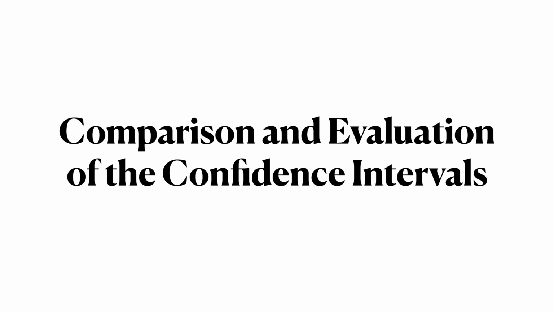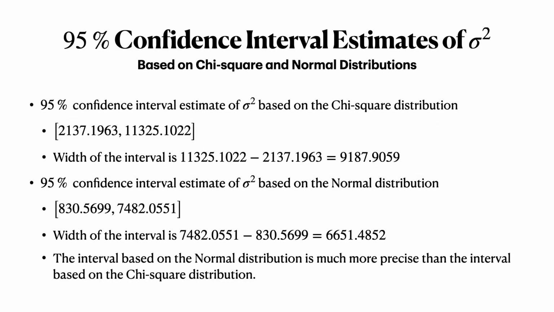Now let's compare and evaluate the two types of confidence intervals that we've constructed. A 95% confidence interval estimate of sigma squared based on the chi-square distribution ranged from 2137.1963 up to 11325.1022.